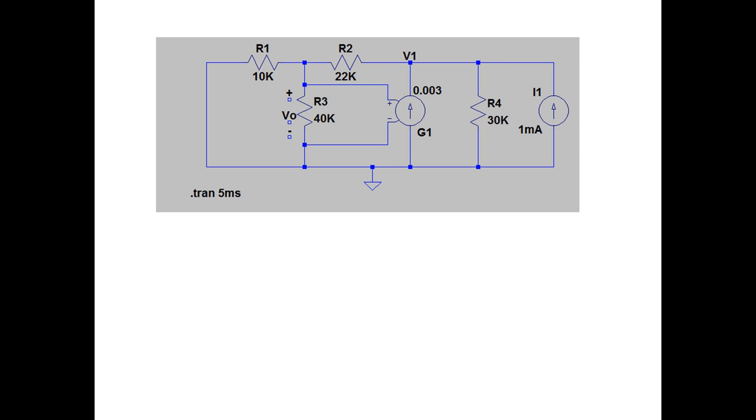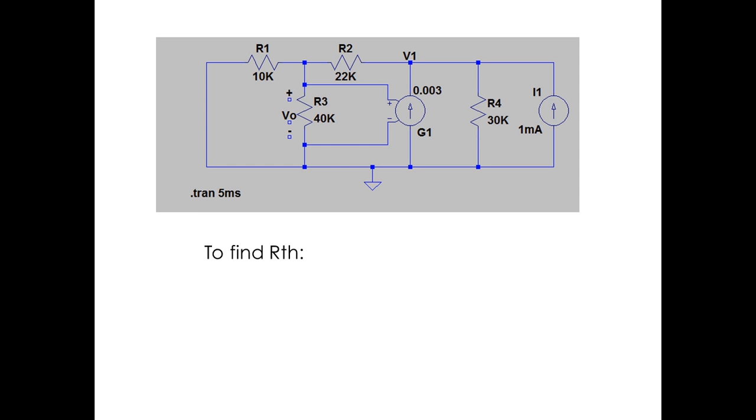Similarly, doing for the second node, we get V0 minus V1 by 22 plus 3 V0 is equal to V1 by 30. On solving 1 and 2, we get minus 243.6 volts.